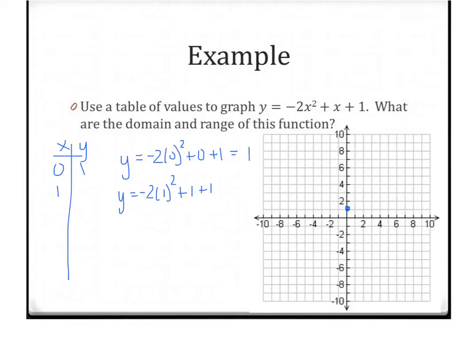That's going to be 1 times -2, which is -2. -2 plus 1 is -1, plus another 1 is 0. So 1, 0.